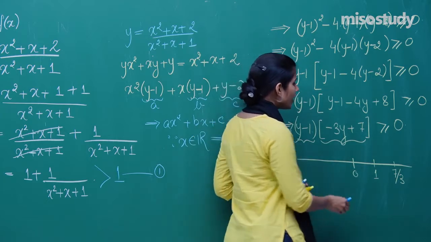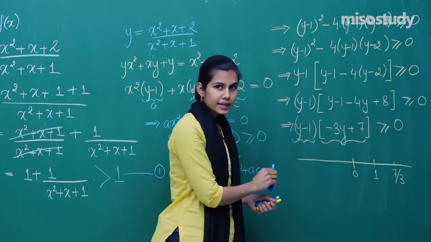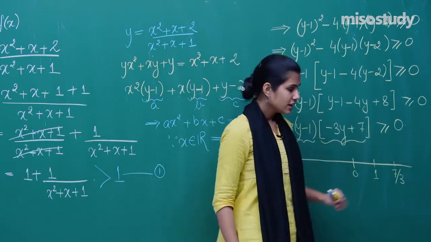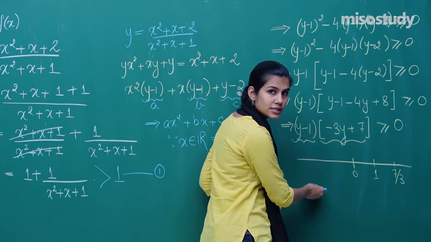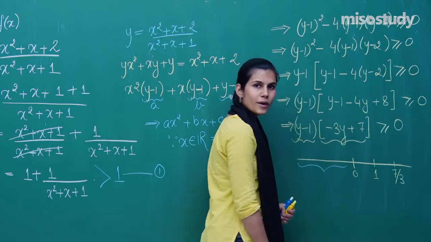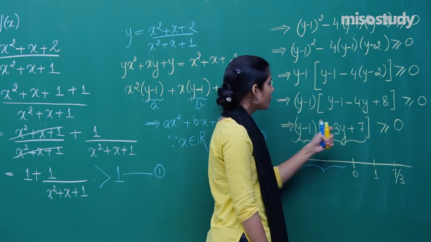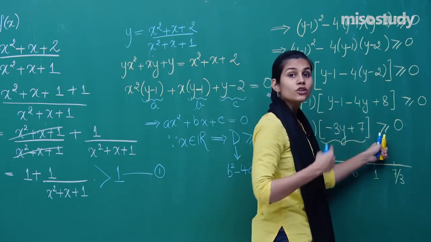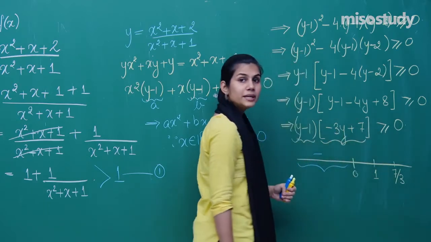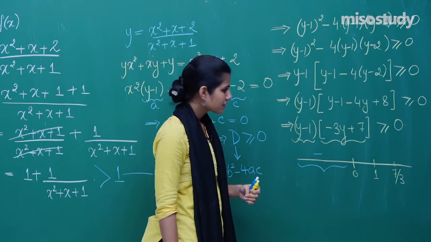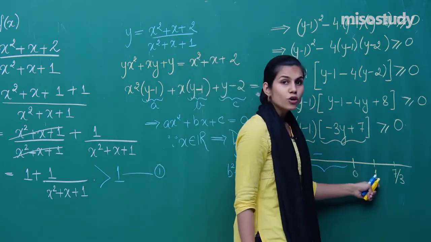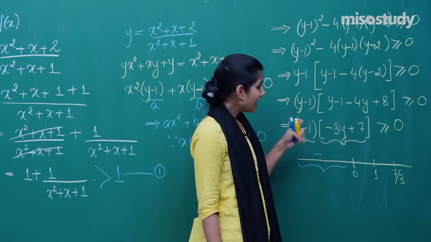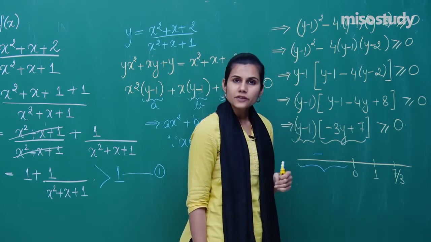Now, we have to find those values of y which when substituted in this expression give you non-negative answers. Suppose I pick up negative reals. When I pick up negative reals, I am going to get negative answers. That means the output will not be non-negative. If I move from 0 to 1, members which are less than 1 are again going to deliver negative results.